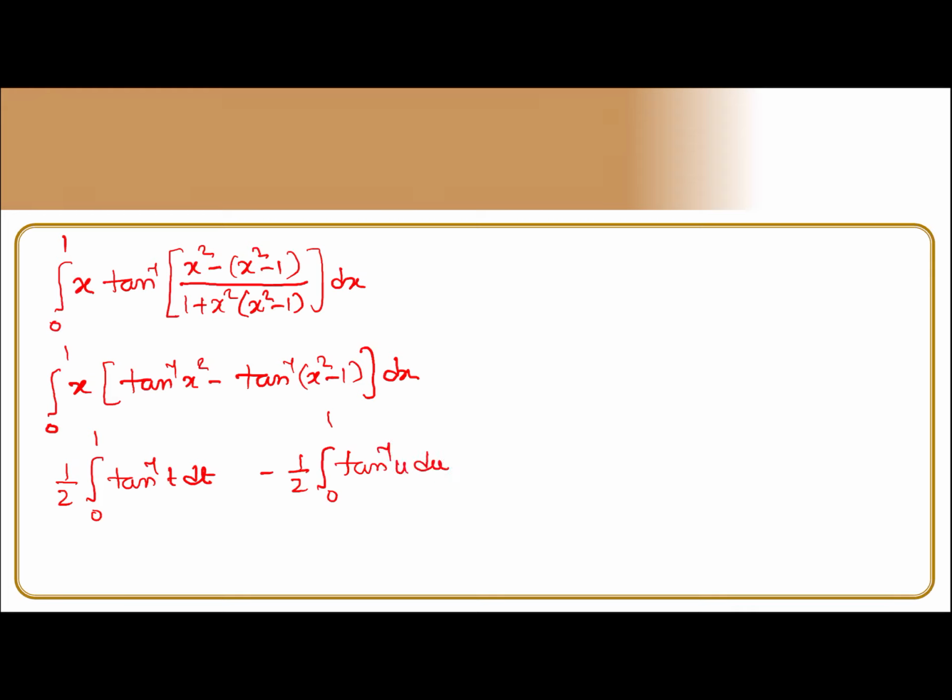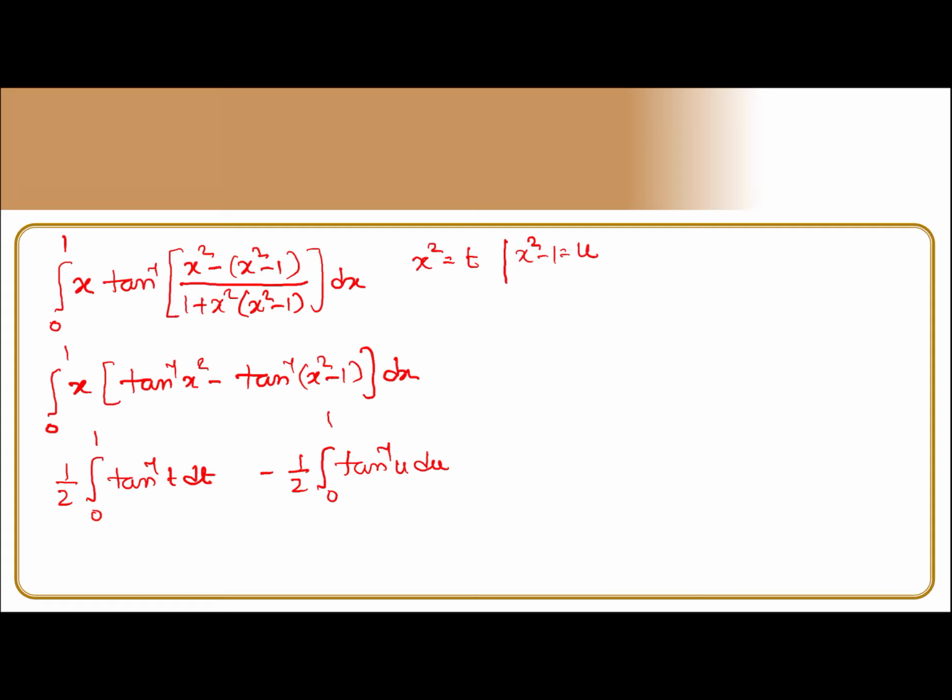So what we have done is x square is equal to t. Similarly, in the other case, x square minus 1 is equal to u. Further you know. So once you get the tan inverse t integral and the tan inverse u integral, while putting the values.